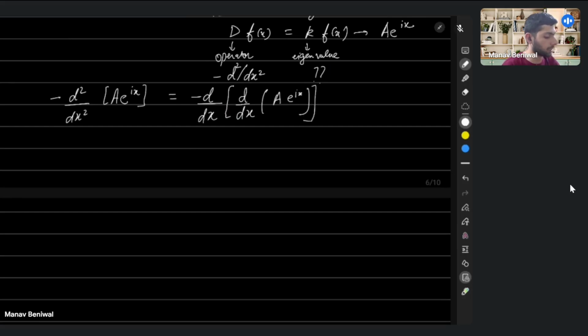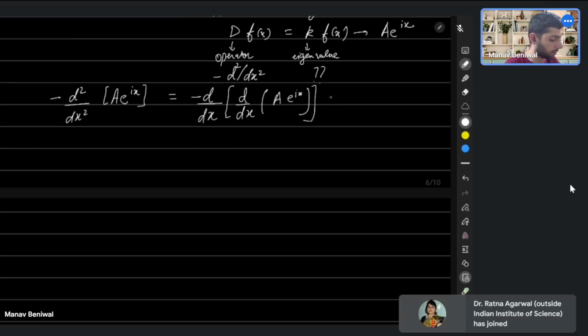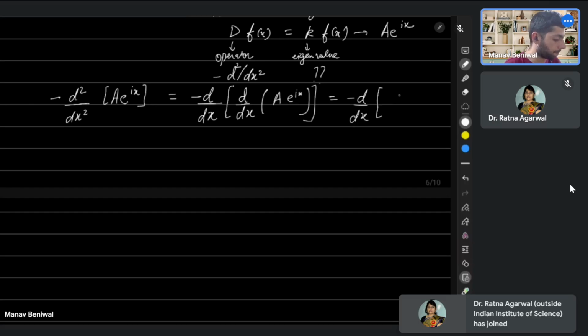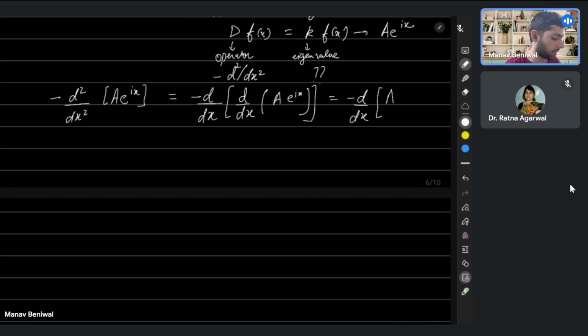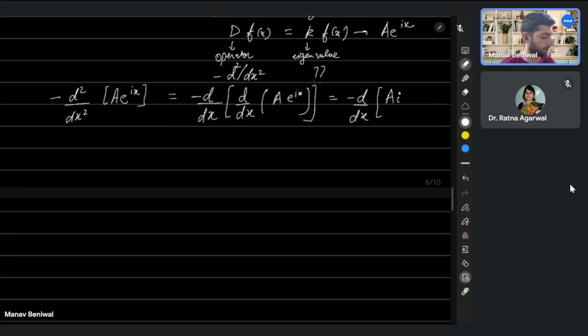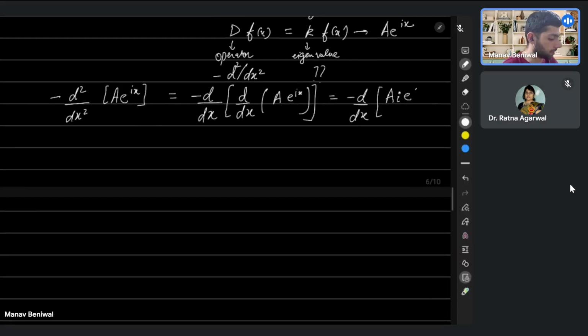Upon taking the first derivative, what will we get? a is a constant, it will come out. The derivative of an exponential function is the exponential function itself, and we'll just get one iota outside. Otherwise, it will remain the same.